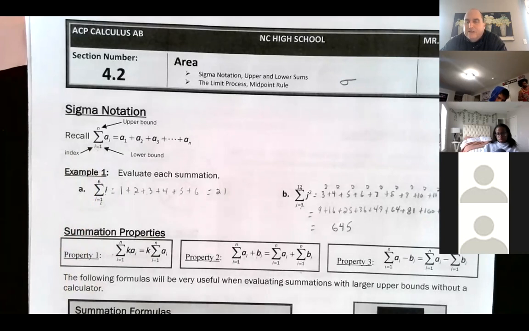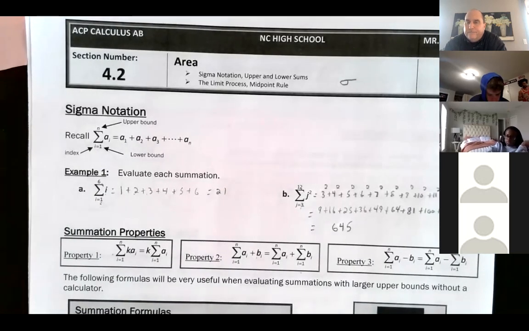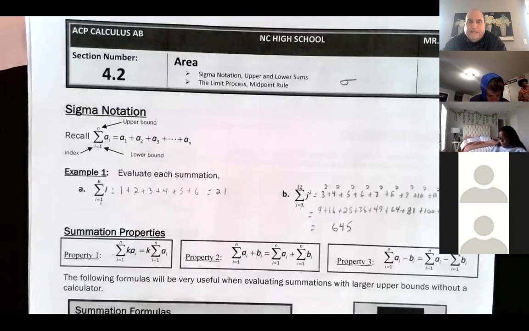Now, since you guys are 2 years removed from your Algebra 2 classes, some of you have only gotten this once, because I believe in 2020, when we left in March, this was one of the things that got excluded from what we taught you at the end of that year. And we went that famous Friday the 13th, right? This was on the list of something we were going to cover at the end of that year, and we never got to it. But you did get this in pre-cal. So this is not the first time you're seeing this.